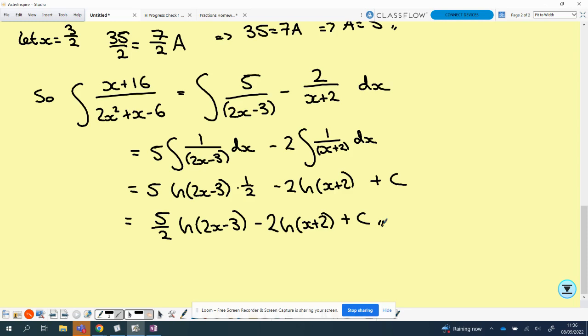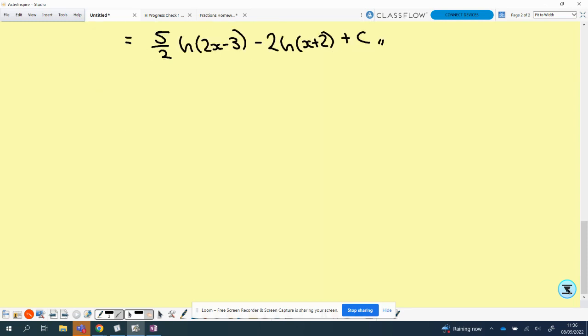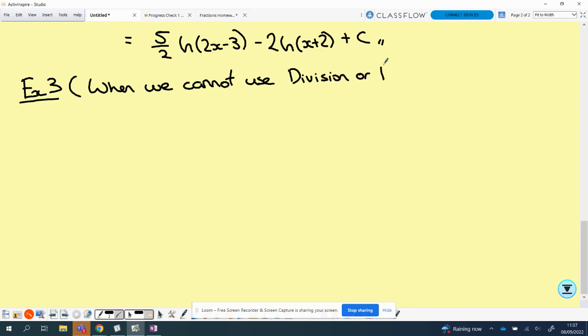Right, I've got one last example to show you where both division and partial fractions don't really help us, but you can still see a technique that can help you for this. So let's look at example 3. When we cannot use division or partial fractions.